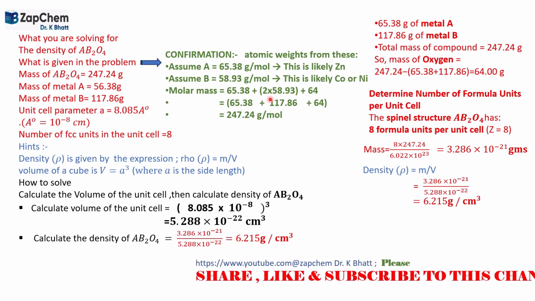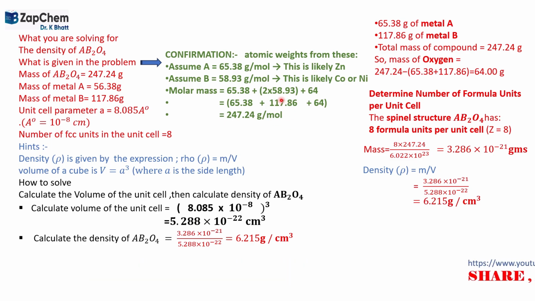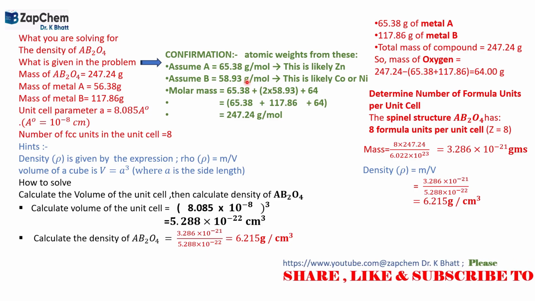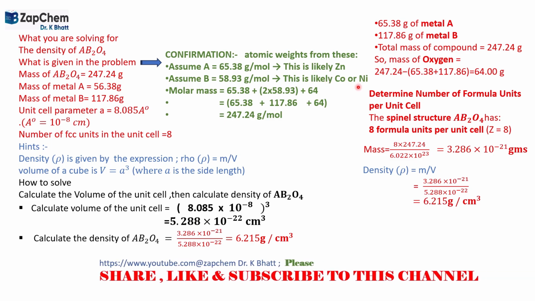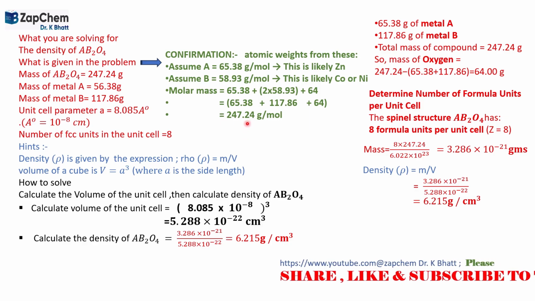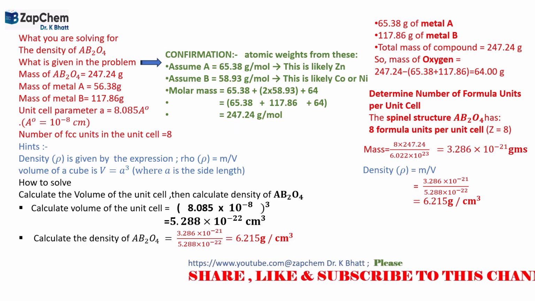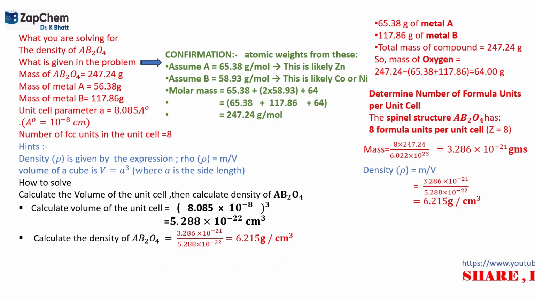If you divide 117.86 by 2, you get 58.93, which is the atomic weight of cobalt, or maybe nickel also. So if you substitute the values in this formula, you get 247.24 grams per mole. That means our answer is confirmed and this is correct.